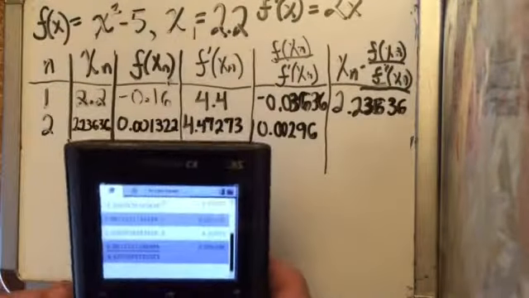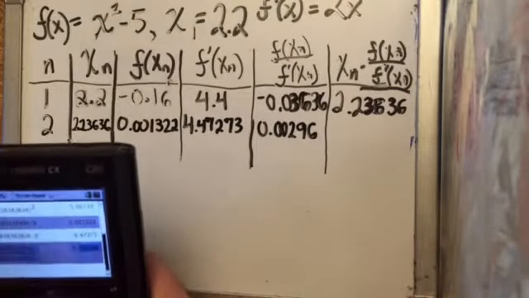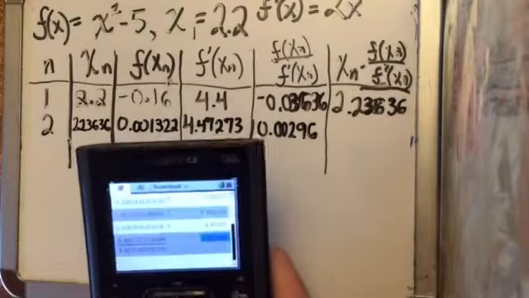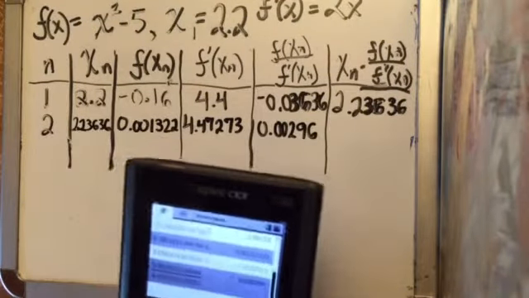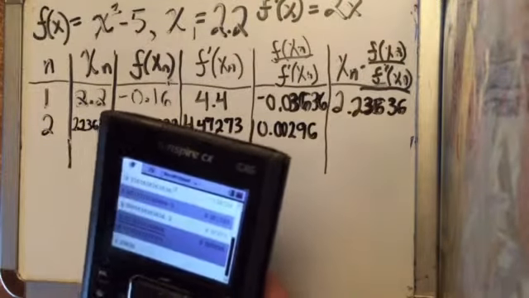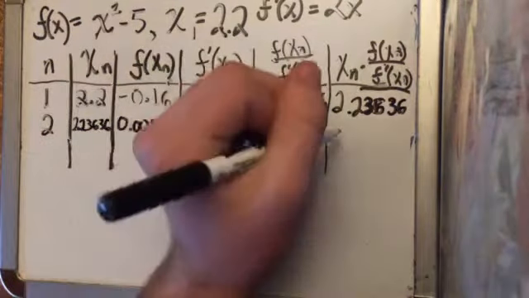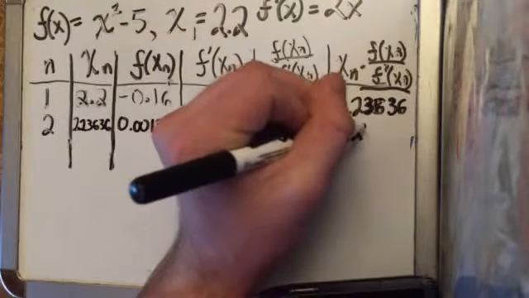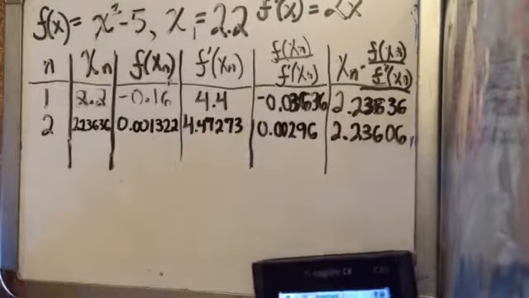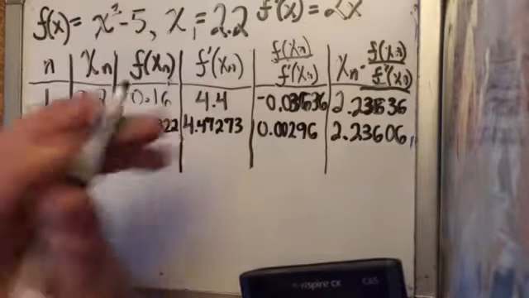And finally, x sub 2 minus f of x sub 2 over f prime of x sub 2 is 2.23636 minus 0.00296, which is 2.23606. And we're going to truncate this, which is cutting it off, not rounding it.